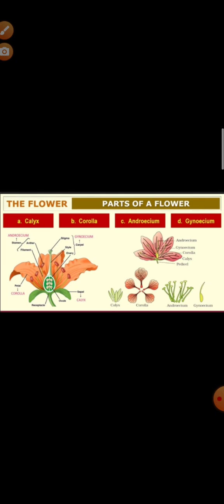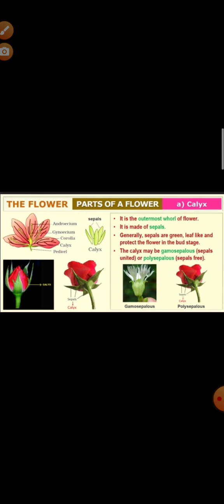Calyx, corolla, androecium and gynoecium. These four you know very well. You are very acquainted with these terms. First is calyx. We will discuss in detail what is calyx. Calyx is the outermost whorl of a flower and it is composed of sepals. The calyx may be polysepalous when the sepals are free, or it can be gamosepalous when the sepals are fused together.